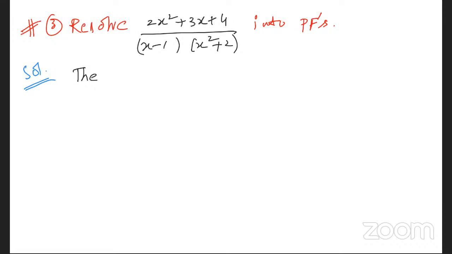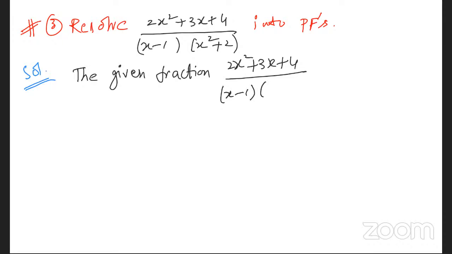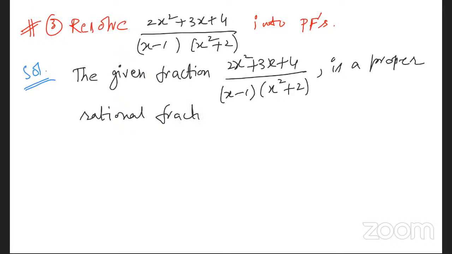Only then can you proceed for partial fractions. The given fraction (2x² + 3x + 4) divided by (x − 1)(x² + 2) is a proper rational fraction. Why? Since the degree of the numerator is less than the degree of the denominator.